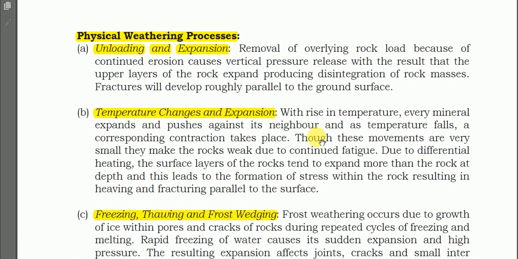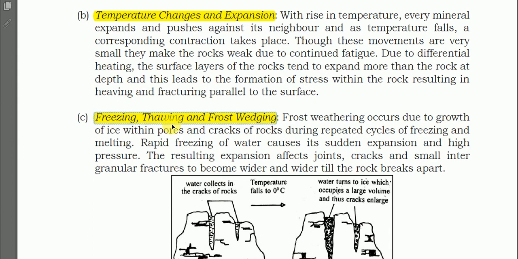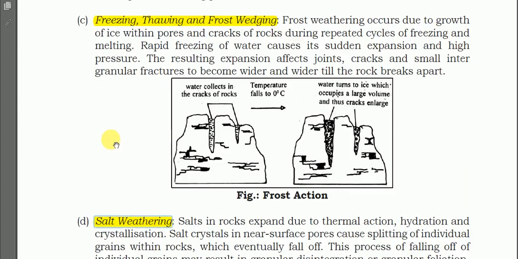Generally, we have four physical weathering processes. Those are unloading and expansion. The second one is temperature change and expansion. The third one is freezing, thawing, and frost wedging. And the last one is salt weathering.